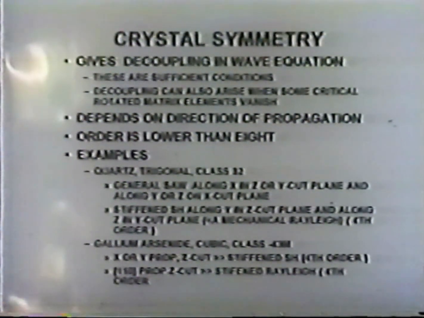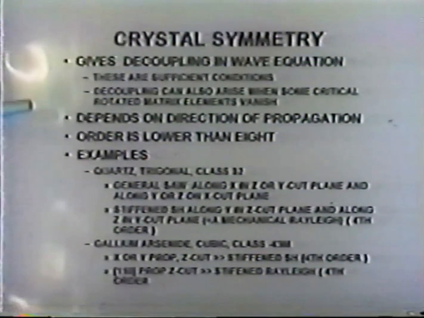Let me take a little look at how crystal symmetry has an effect on our solutions. First of all, very often there are sufficient conditions determined by crystal symmetry which allow you to know right from the beginning that you are going to have uncoupling, that you're going to have a pure Rayleigh wave, for example, a pure mechanical solution in the sagittal plane.